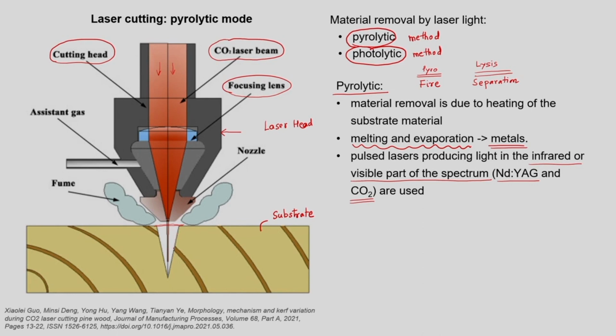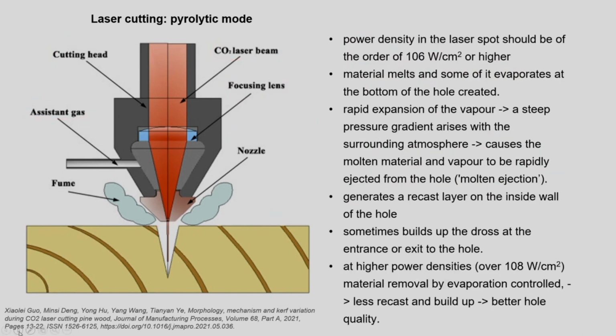For this purpose we use inert gases which help to flush away the molten material; we call them the assist gases. These gases are inert, they do not react with the molten material, and they protect it from getting oxidized.